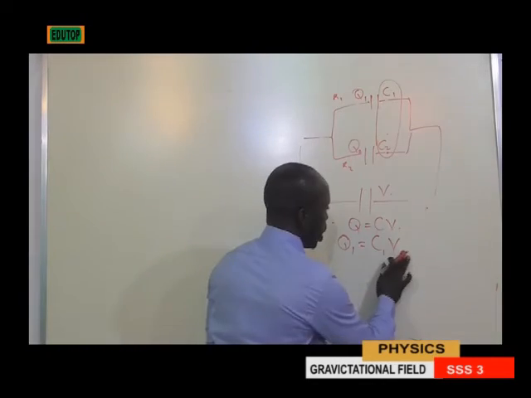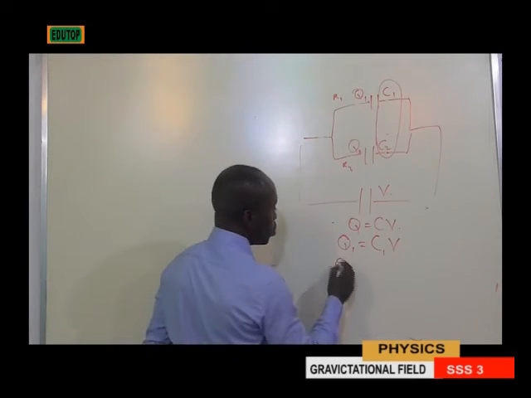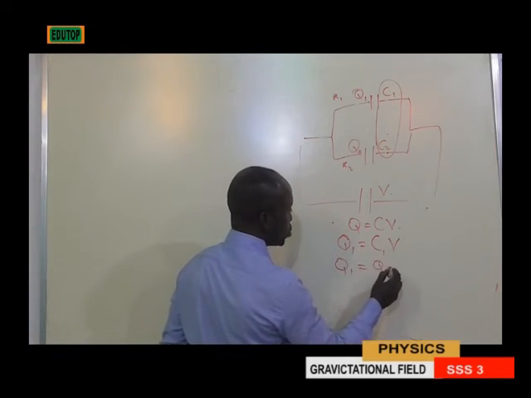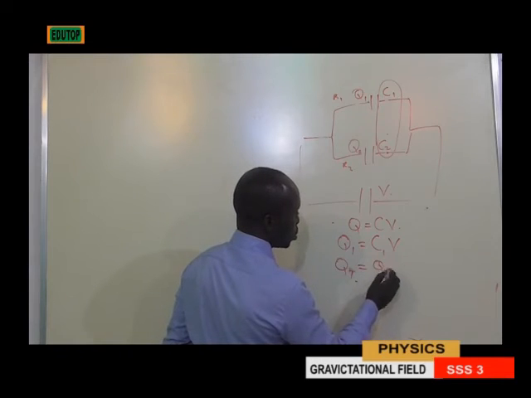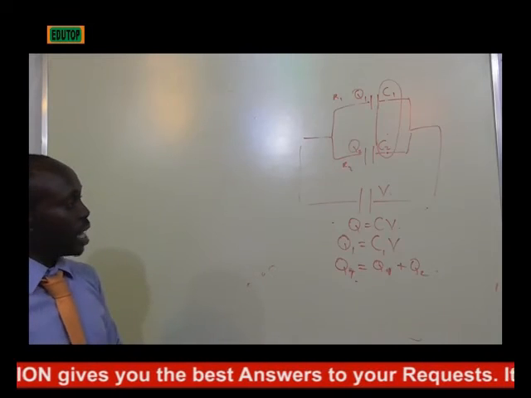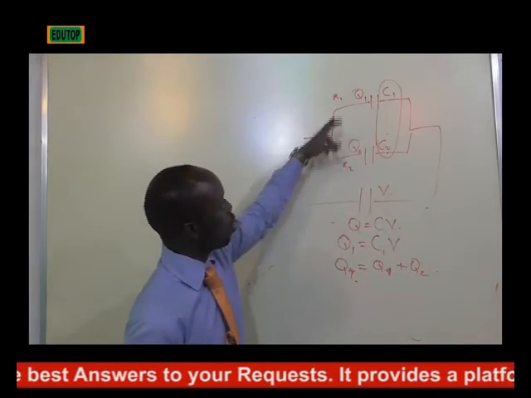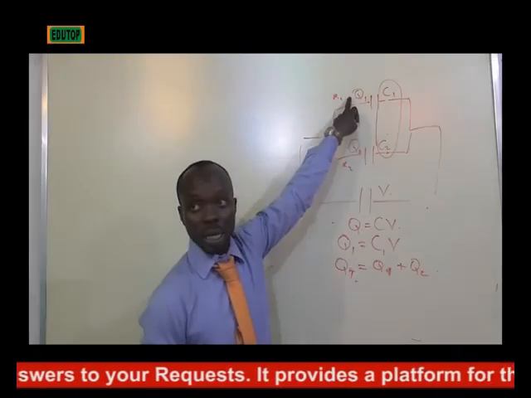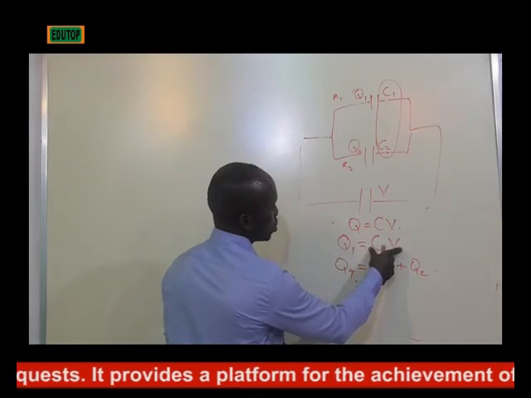So if you have your Q1 equals C1V, now Q total equals Q1 plus Q2. Meaning that the total charge at this region will be equal to the addition of your charge Q1 here and your Q2 here. So you substitute the values.